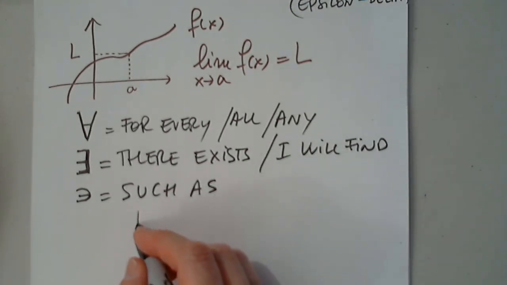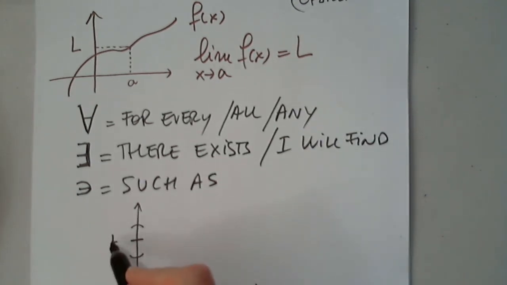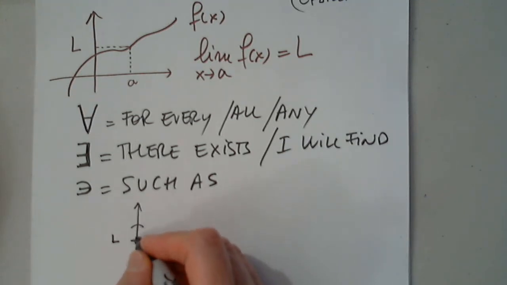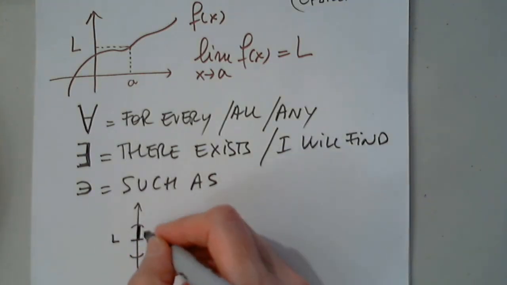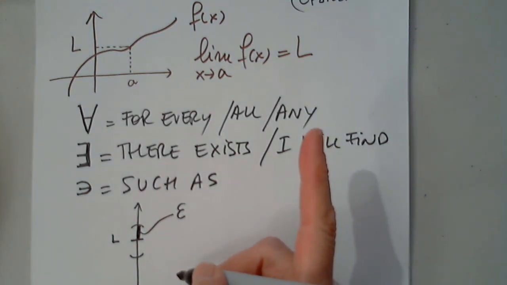So when I look at that, here's my L. And I zoom in, and I can find any time I want, zooming in or not, getting closer and closer to L, it doesn't matter. But I will always be able to find a symmetric interval. And this piece is the epsilon in the definition.